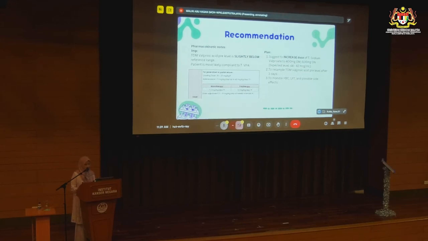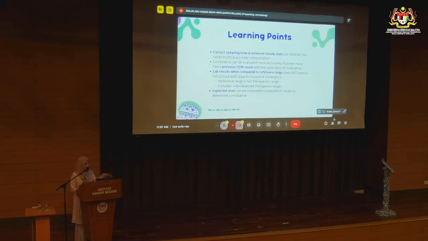Okay. So the learning point from this case is we have to get the correct sampling time and make sure that the patient has actually achieved steady state before we do a sampling, because that helps us to do accurate interpretation. Okay, anything that is not at steady state or is a post-dose level, we cannot actually interpret.